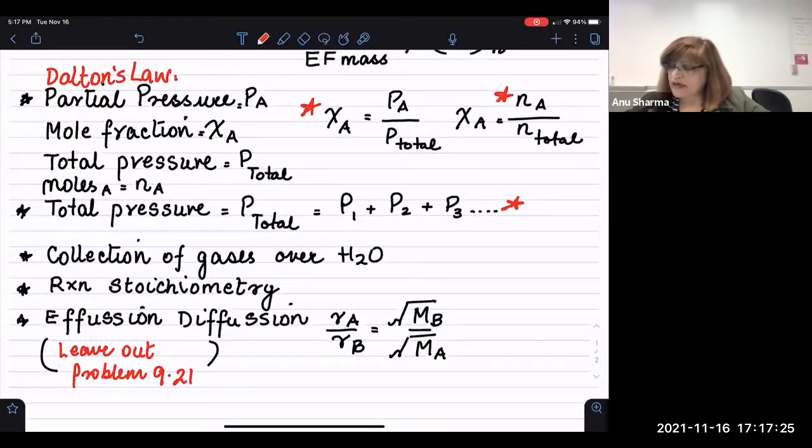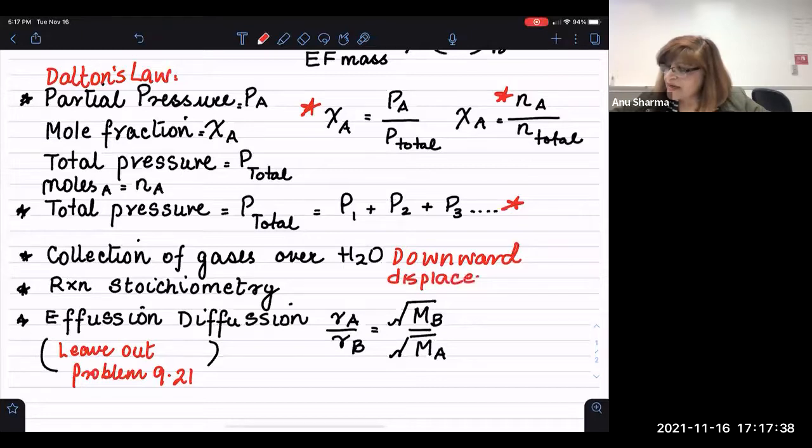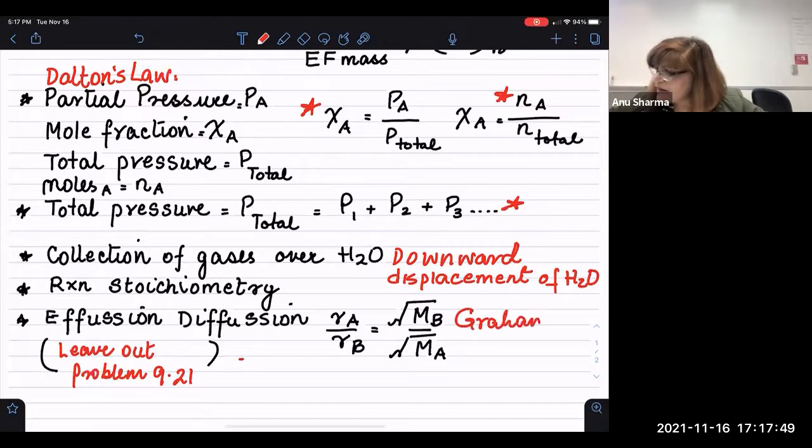Then we are going to do the collection of gases over water. That's the downward displacement of water. And then this is Graham's law. Graham's law is the last one, and that relates to the speed at which the gases move.